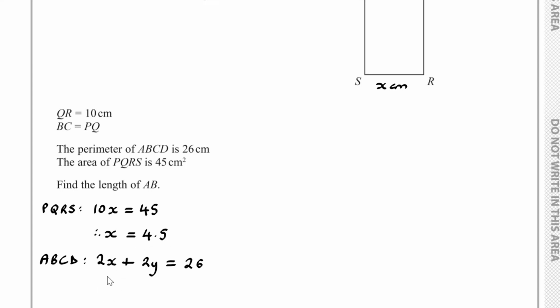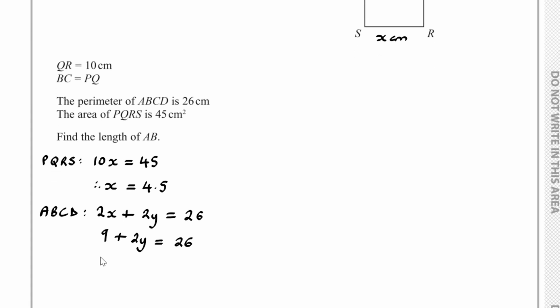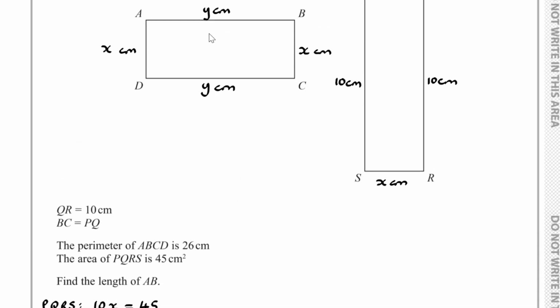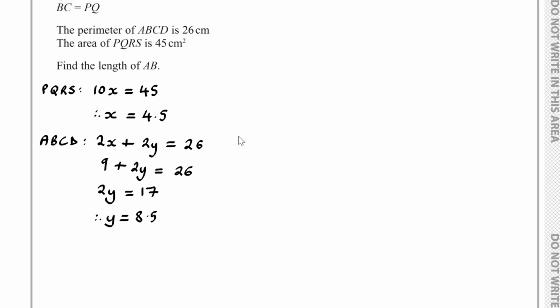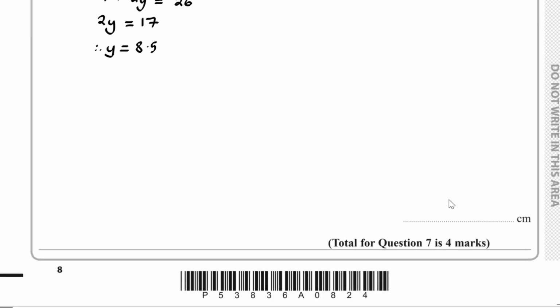So 2 times 4.5, that will be 9. So we have 9 plus 2Y, which is equal to 26. 2Y is equal to 17, and therefore Y is equal to 8.5. And if you remember, we said that Y represents the length of AB. So therefore, the length of AB is 8.5 centimeters.